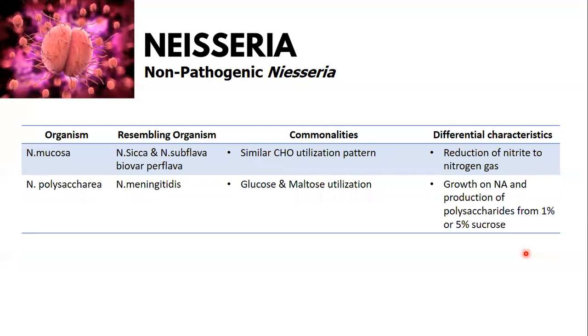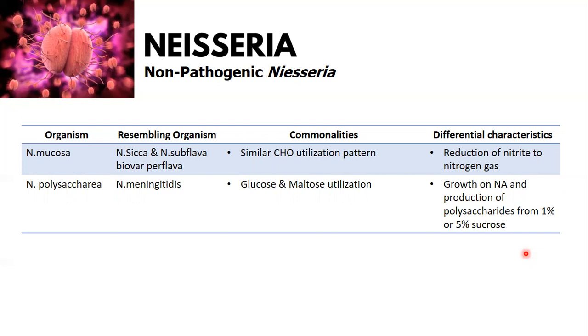Then we have Neisseria mucosa, which resembles Neisseria sicca and Neisseria subflava biovar perflava. They have similar reactions in carbohydrate utilization pattern. However, take note that Neisseria mucosa is differentiated from Neisseria sicca and Neisseria subflava biovar perflava simply because it has the capacity to reduce nitrite further to nitrogen gas.